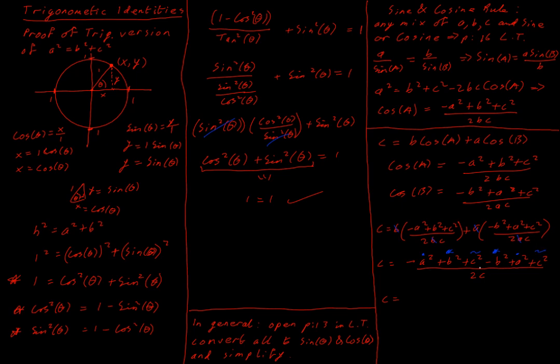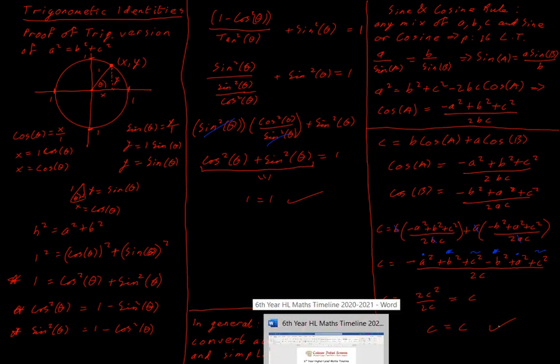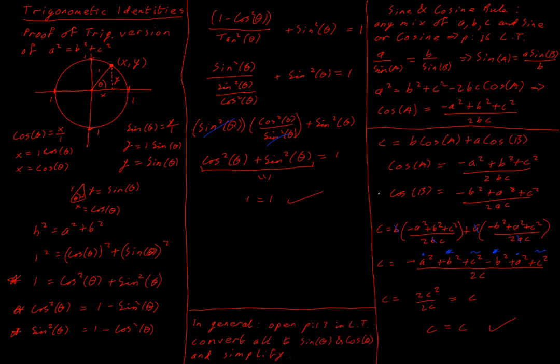There's a lot of algebra going on here, so we'll use some symbols to keep your life easier. So I end up with 2c squared all over 2c. I have common factors that I can divide out, so I end up with c is equal to c. That's indeed true. So that is all I need to do there.